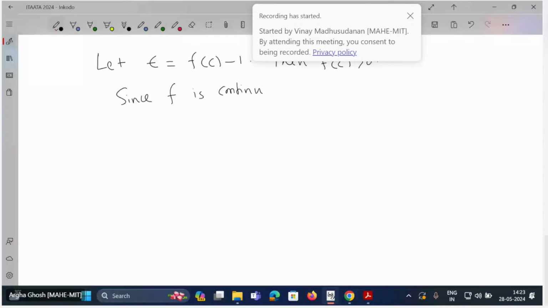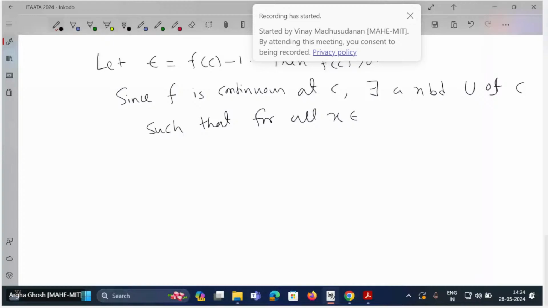There exists a delta neighborhood, whatever, a neighborhood U of c, such that for all x belonging to that neighborhood, you have f of x less than f of c plus epsilon and f of c minus epsilon less than f of x, correct.